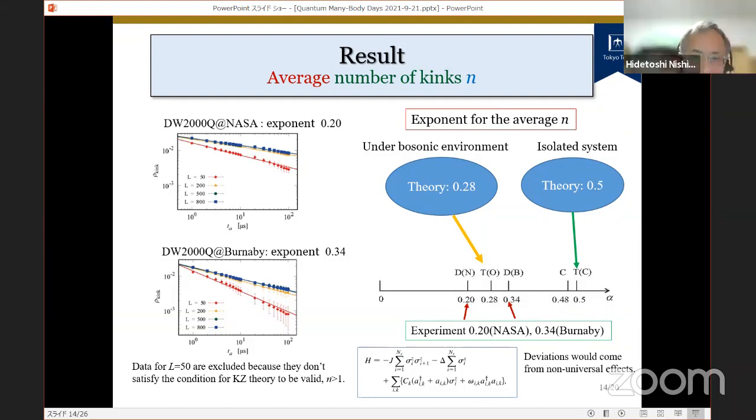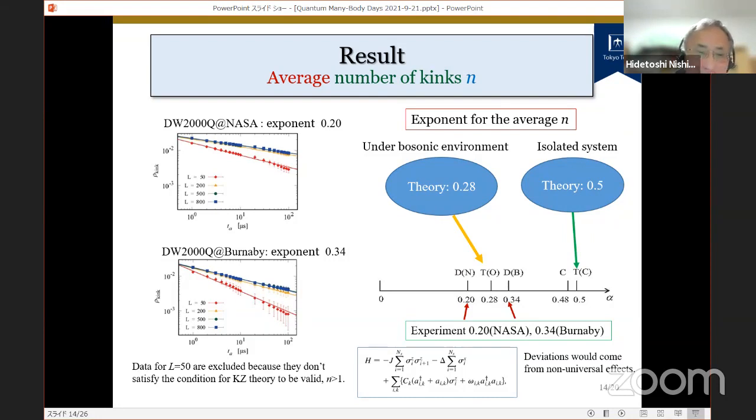Well, hard to say, but as you point out, the error bars are smaller for the NASA machine, but the absolute value is larger. So the signal is mixed. The absolute value is larger means that more defects have been created, which means larger disorder. So I'm not sure if the NASA machine is better in that sense.